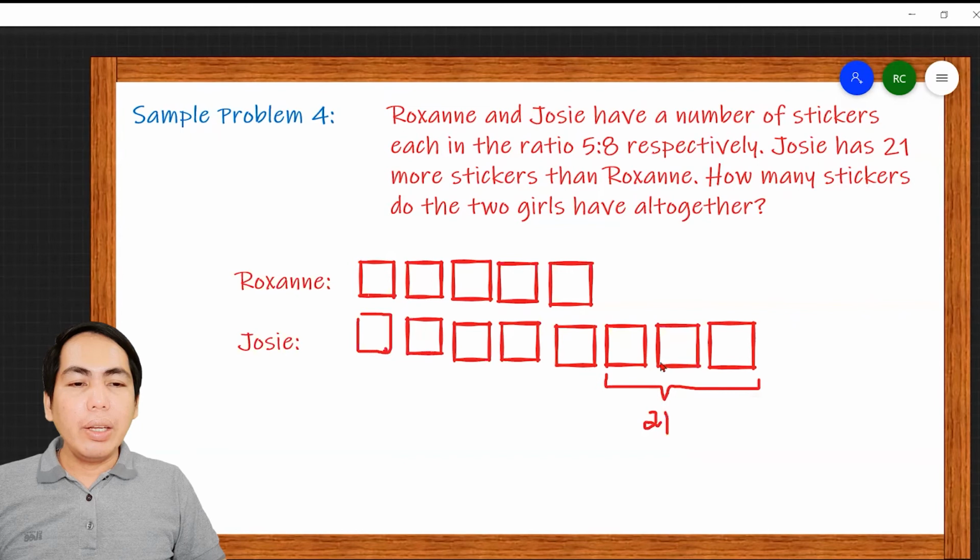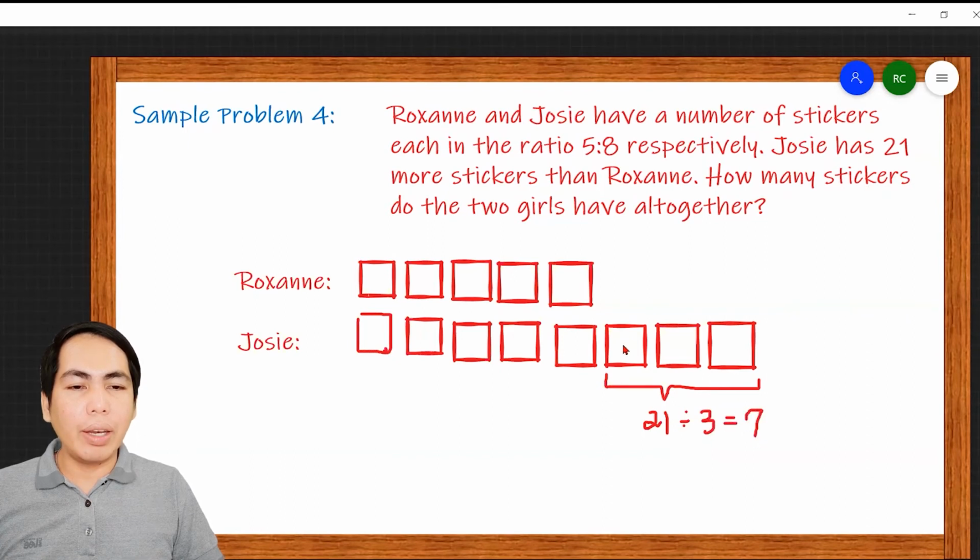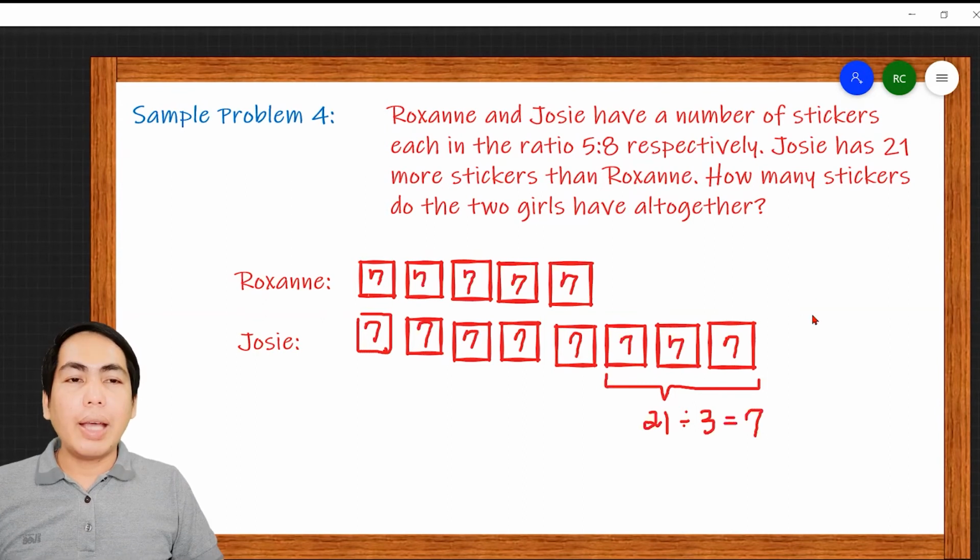So, in other words, to get the value of each block, we have to divide 21 by 3 to give us 7. So, each block represents 7 stickers. To get the total number of stickers of the 2 girls, we have to multiply the total number of blocks times 7 because each block represents 7 stickers.